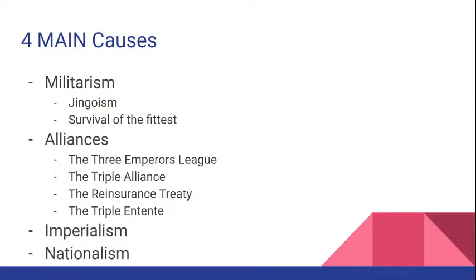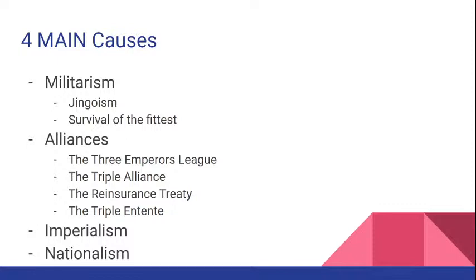So this is what I was talking about before, about how it's kind of like this cycle that just never ends, because as one European nation's army begins to mobilize, the other surrounding nations begin to mobilize as well. And as these armies grow bigger and bigger, there just seems to be no end, because as one nation grows bigger, the other nation tries to follow suit, and it's just a vicious cycle.